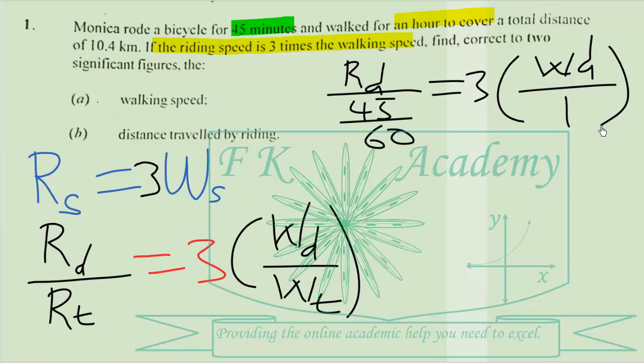So what do we do now? We simplify further. 15 will go into 45 3 times. It will go into 60 4 times.